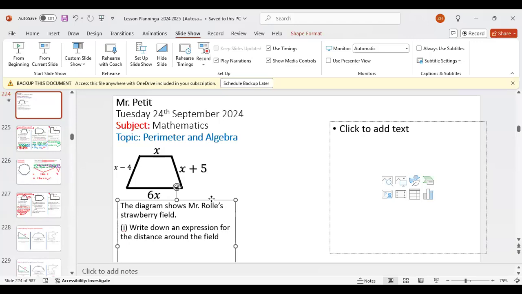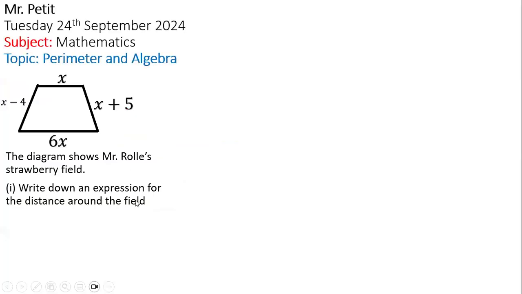So we have Mr. Rule and his strawberry field, and we want to write down an expression for the distance around the field.